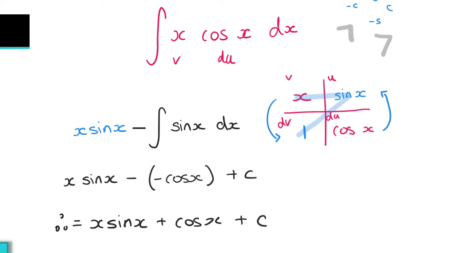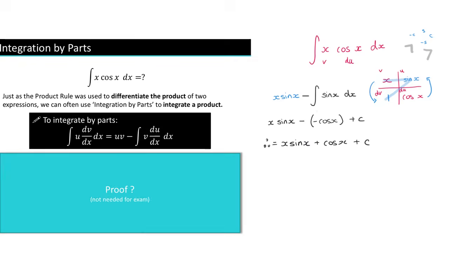There is obviously a formula, and if you want to use a formula, you can use the formula. This way, you'll find that you're already setting everything up like you would do if you were using the formula. Okay? Just for those who are curious, the formula is uv minus the integral of v du dx.